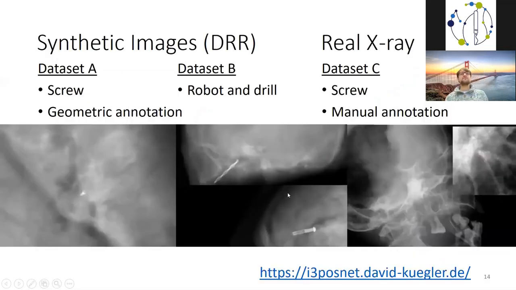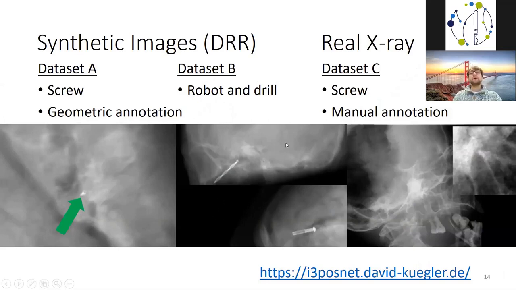And for this, we have to generate a data set. In this work, we generate a 3-part data set. It consists of an A type, consisting of synthetic images. We can see that we have this screw, which is well visible in this left image here. Then we have the robotic and drill to see if this generalizes to other types of instruments.